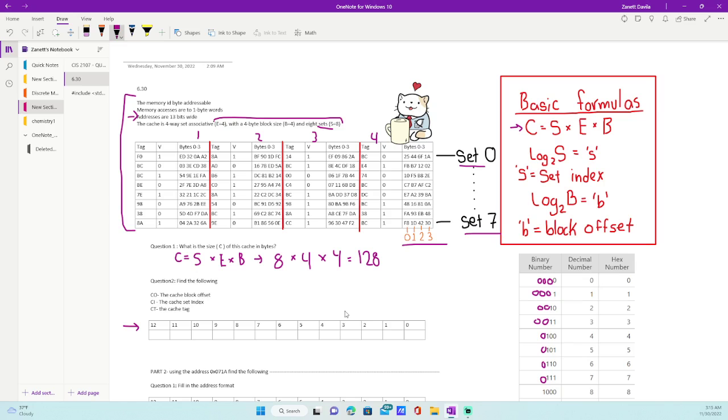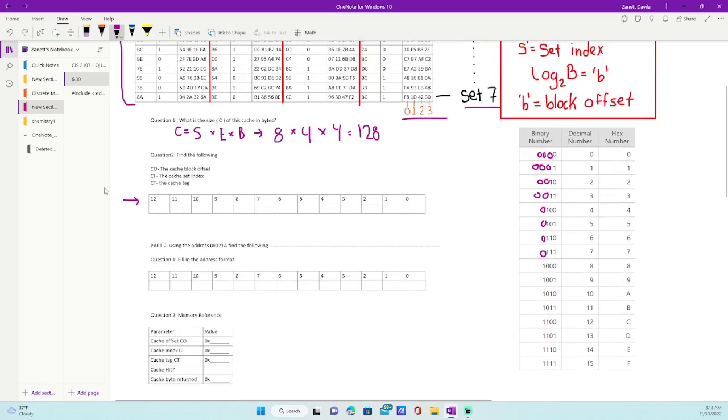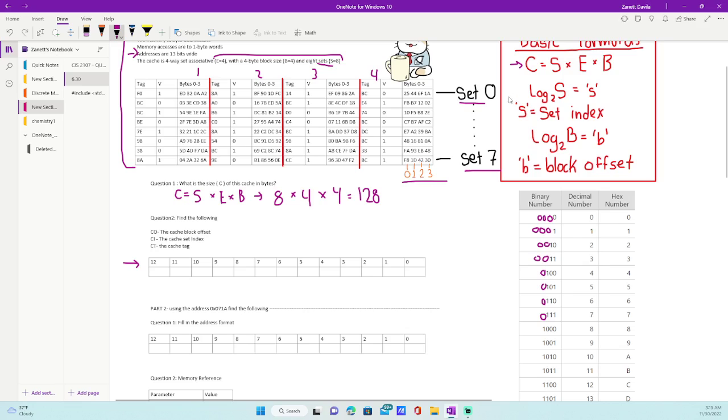Now question 2, find the following: cache offset, cache set index, and cache tag. So right here I have a couple formulas. We're going to start off by finding the block offset. We know here that the block size is equal to 4, right?